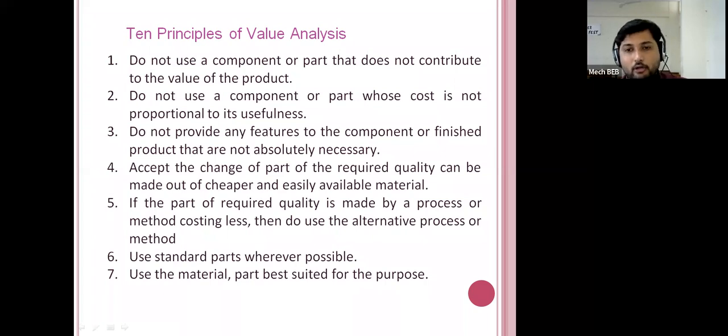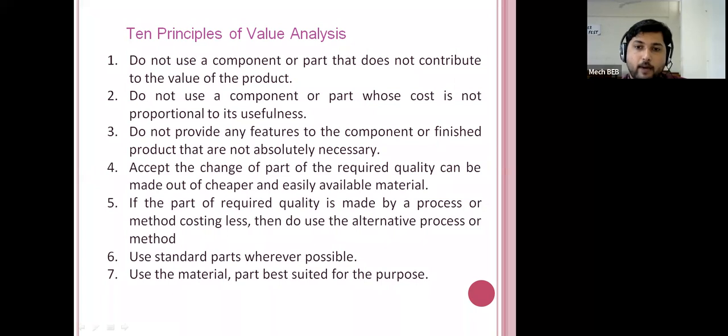Sometimes it is not required for that product, but it is still provided, and the cost of that wow factor, or esteem factor, is more than the actual functionality. That creates unnecessary cost for the product, and it is not that worthy for the customer. So do not provide any features to the component or finished product that are not absolutely necessary.